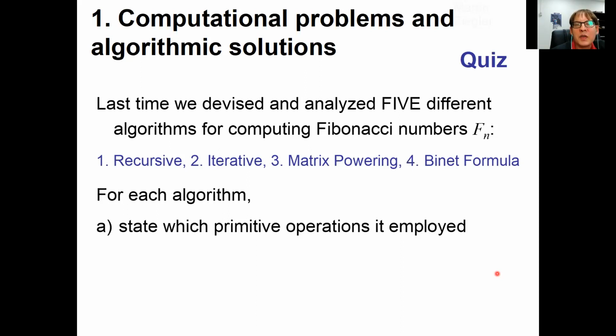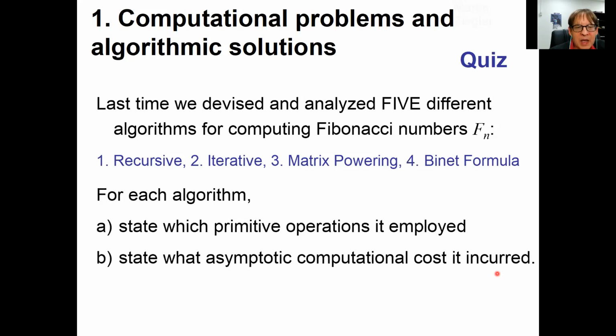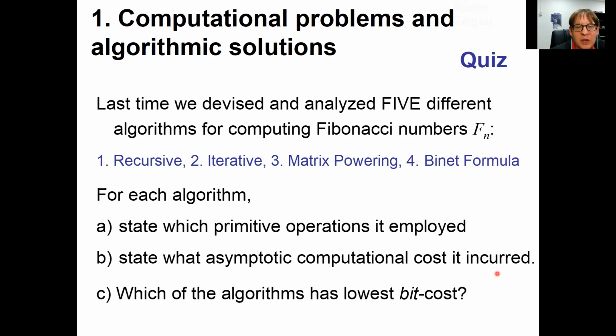And I recommend for you to, for each of these algorithms, state which primitive operations it involved, over which domain, and what asymptotic computational cost each of these algorithms incurs, in what measure of computational cost, and which of the algorithms has the lowest bit cost if you boil down everything to bit cost. So this is a quiz for today. Please think about it and type your answer in the chat.